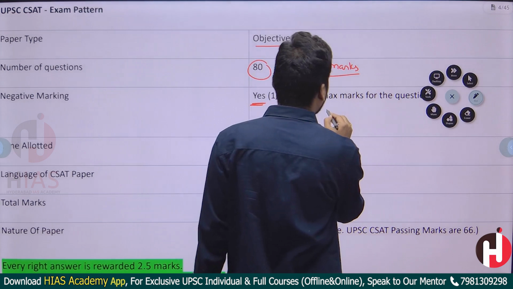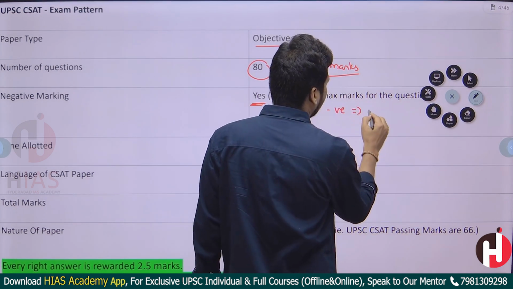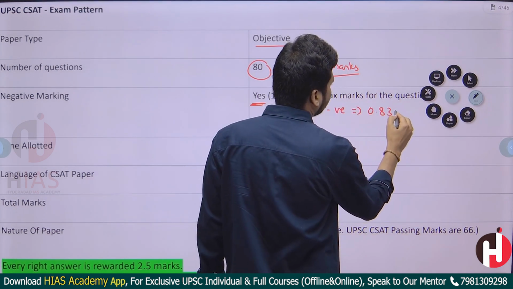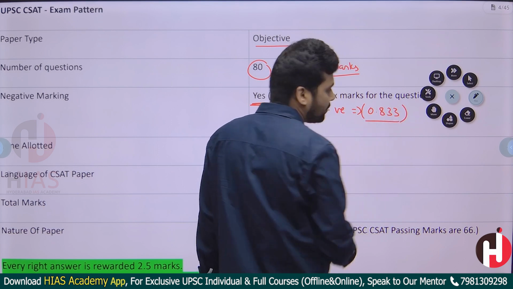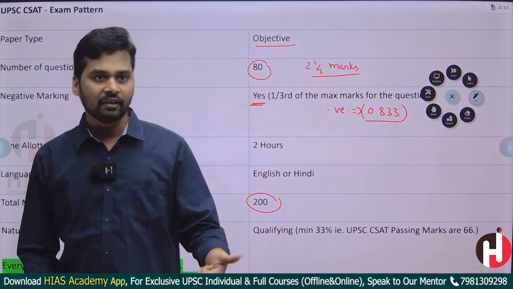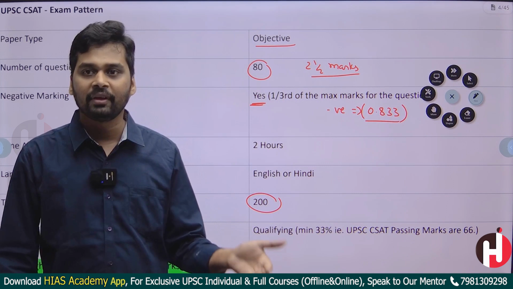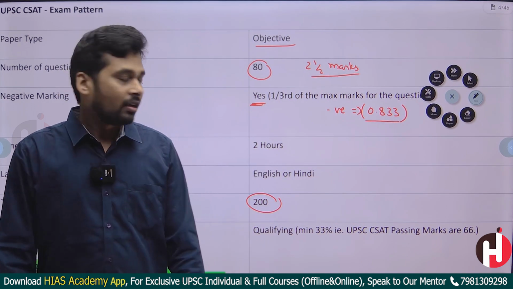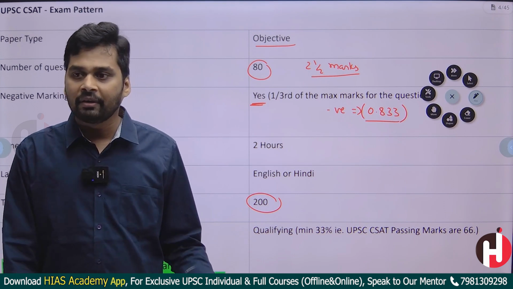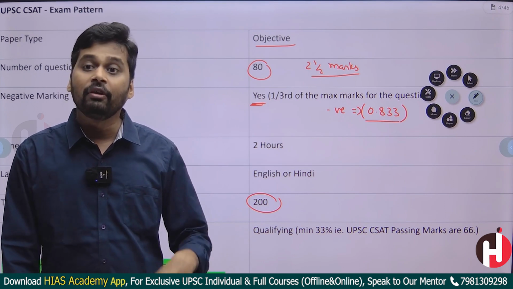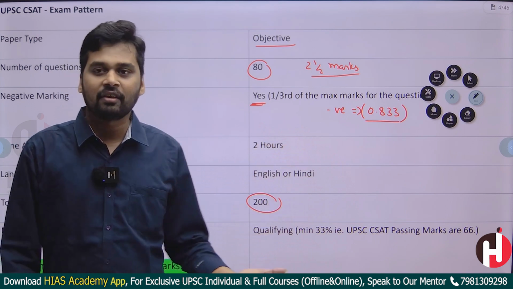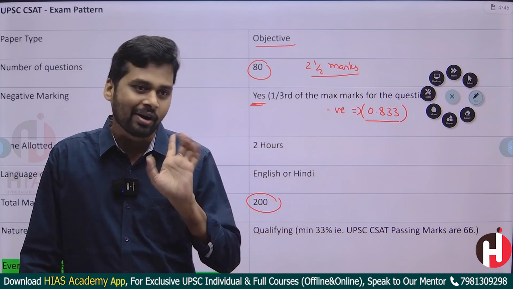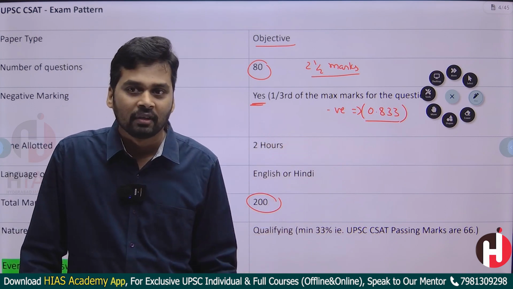So if you attempt the question correctly, you will be rewarded with 2.5 marks. Otherwise, if you attempt it the wrong way, obviously you will lose approximately 0.833, which is approximately 1 mark.